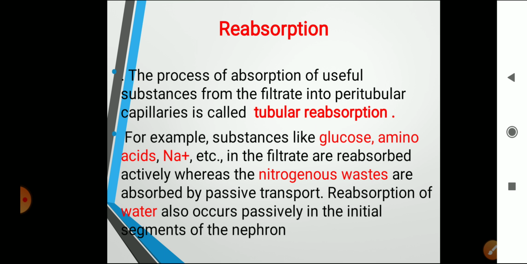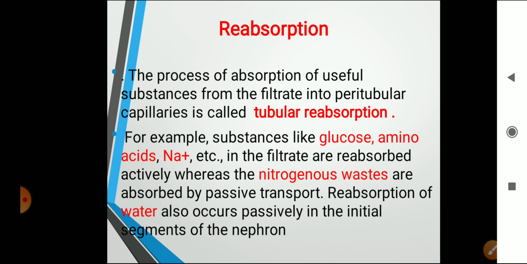It comes out into the peritubular capillaries. It's not actually required. Whereas useful substances will be found in the glomerular filtrate as well as in the peritubular capillaries. But the useful substances have to be reabsorbed. So they have to be pushed out from the glomerular filtrate into the peritubular capillaries against the concentration gradient, and hence energy is required.